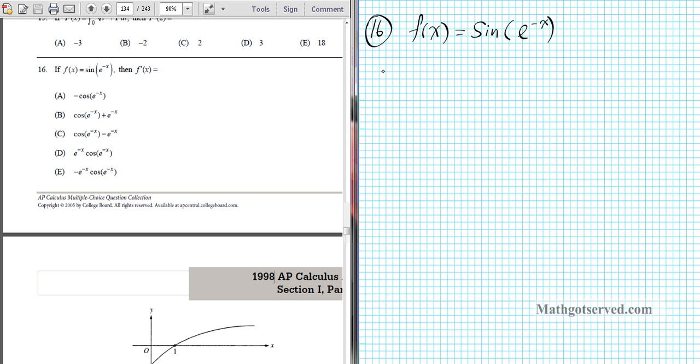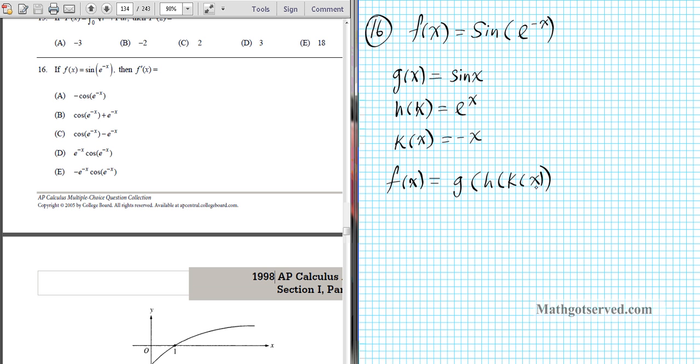Function g of x is the outermost one, which is sine x. Then h of x is the next one, which is e to the x, and then k of x is negative x. So f of x is basically the composition of these 3 functions. It is g of h of k of x.